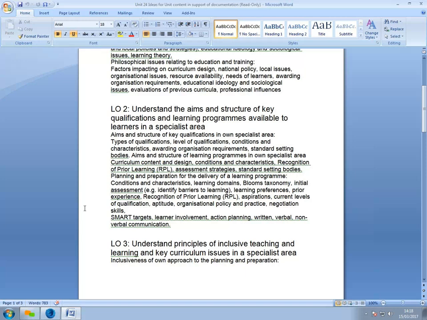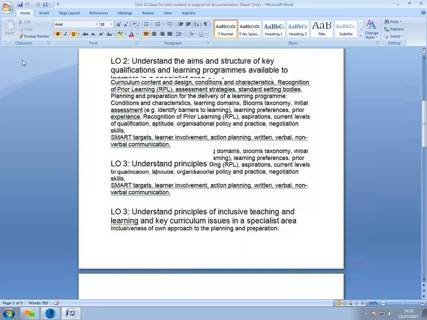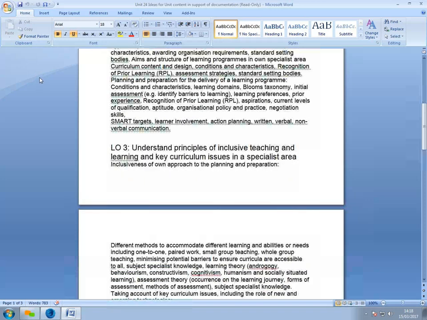But again, you will have probably mentioned this earlier. Recognition, qualification, aptitude, organisational policy, practice, negotiation skills, SMART targets, learner involvement, action points, verbal and non-verbal communication. These are just hints, that's all, at the sort of thing you should have within that learning objective.